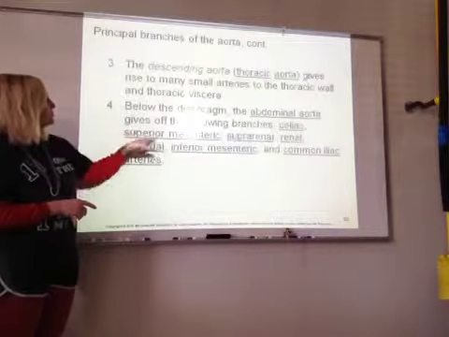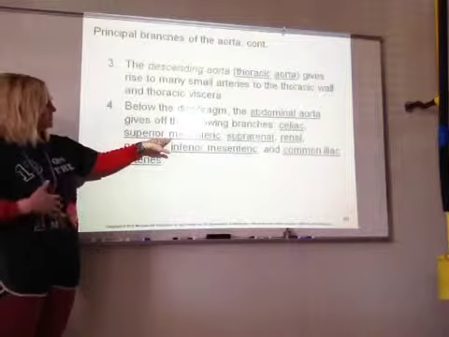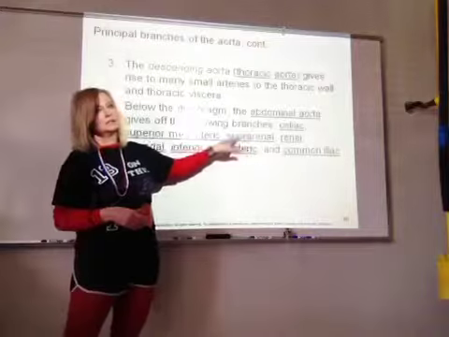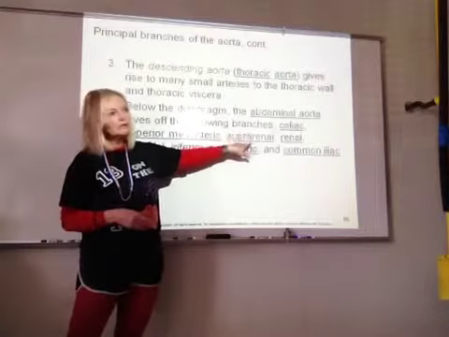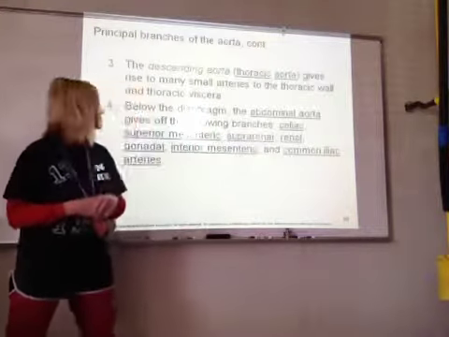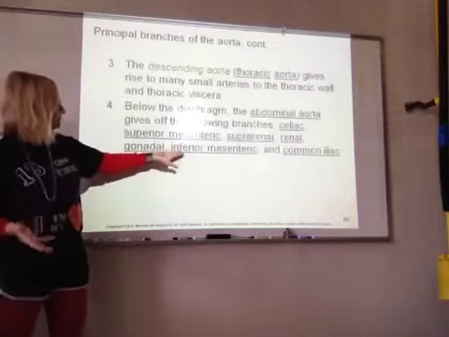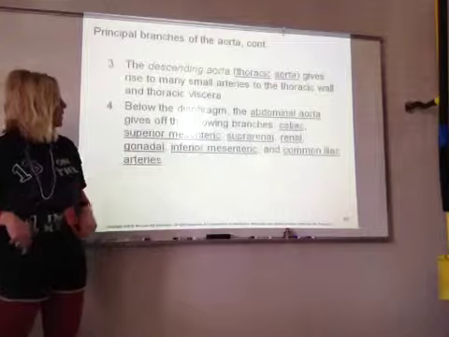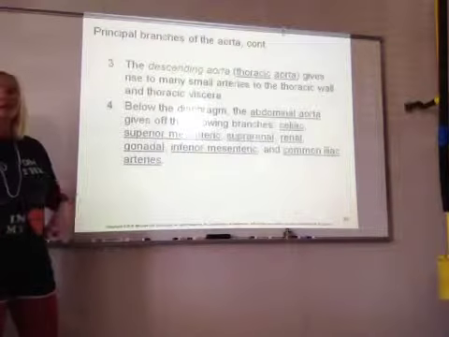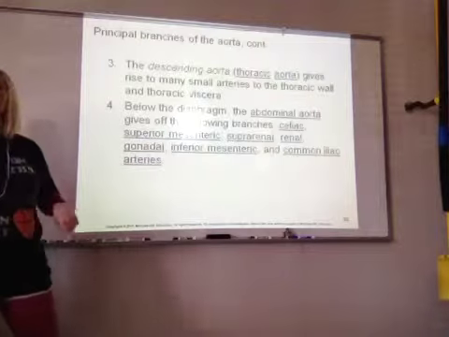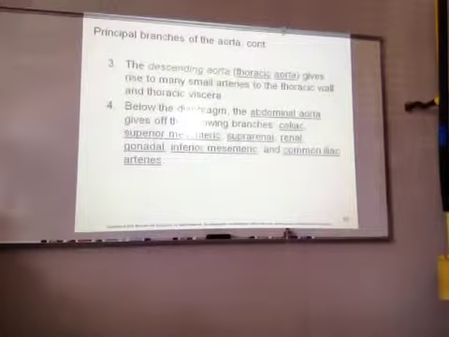Celiac, superior mesenteric goes to the mesentery. Suprarenal means on top of the kidney. Renal deals with kidneys. Gonadal deals with gonads. Inferior, bottom, mesenteric. And then your common iliac are going to be by your ilium bone, and they are going to branch off in your hip region.